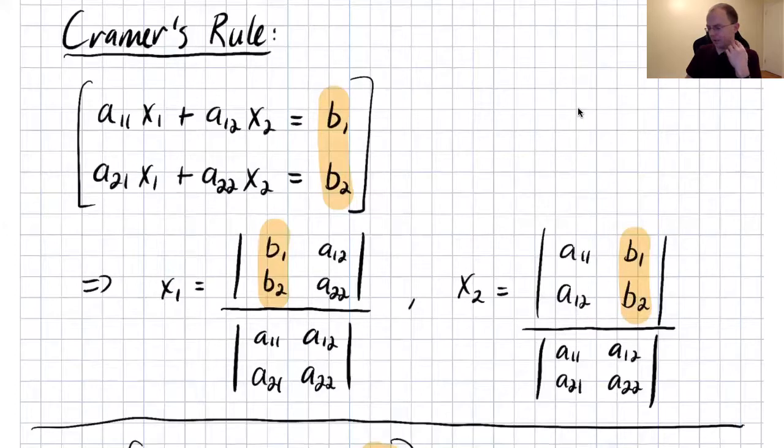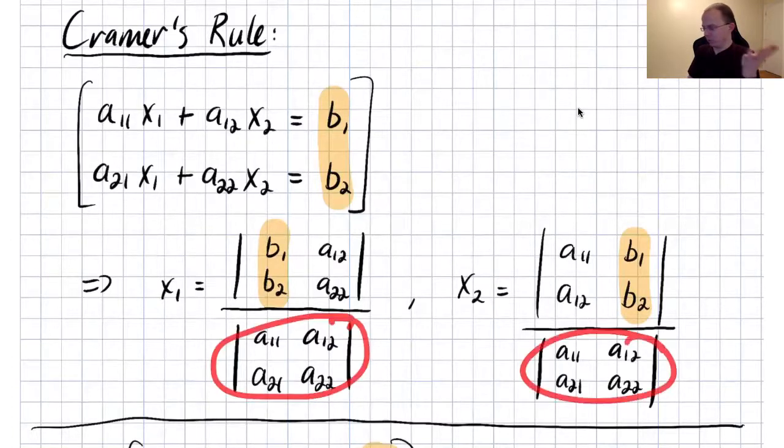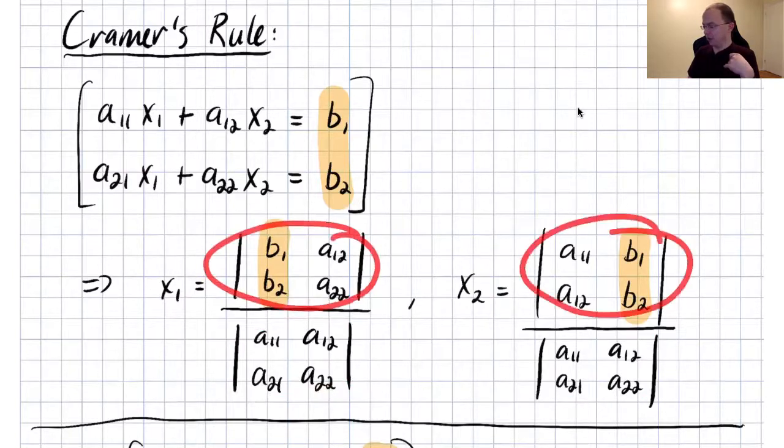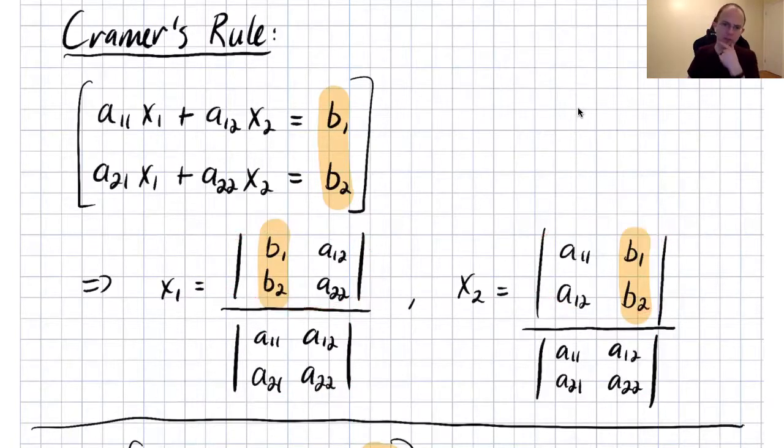It's very nice because taking determinants of 2x2 matrices is very easy. And notice that we're doing the same calculation in both denominators, so we only have to do that once. So we do one determinant there, and then another in each numerator, and that's it. We've got our solution. It's a really nice tool for quickly solving 2x2 linear systems.